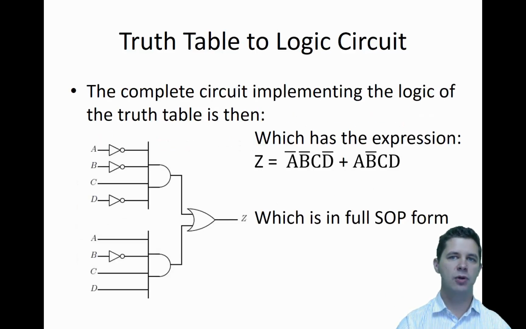Now, in our sum of products form, we just join those two together, we OR them together, and that gives us our final expression Z. So it becomes very, very easy to go straight from a truth table through to a final circuit.